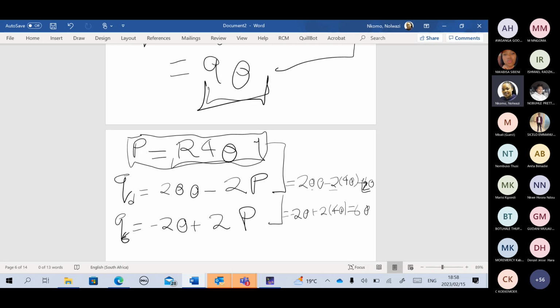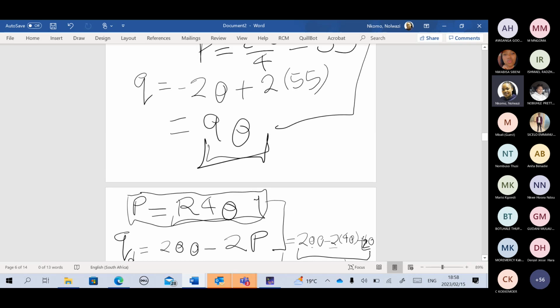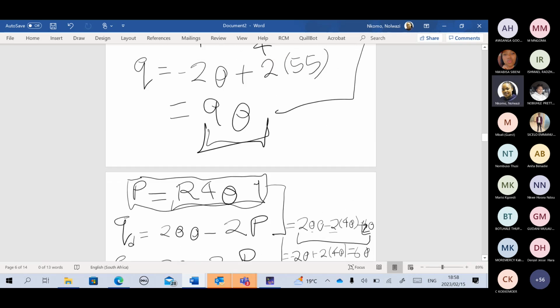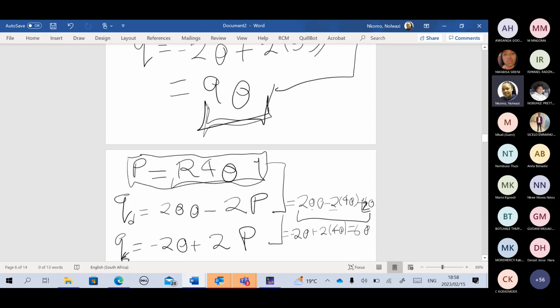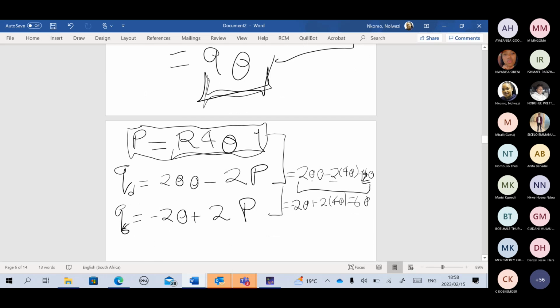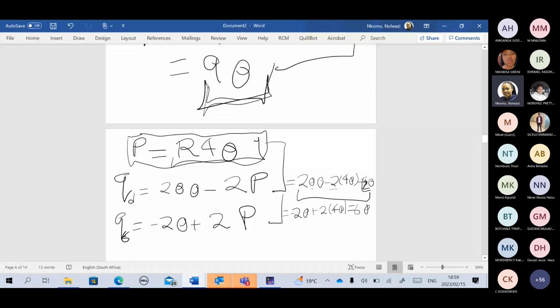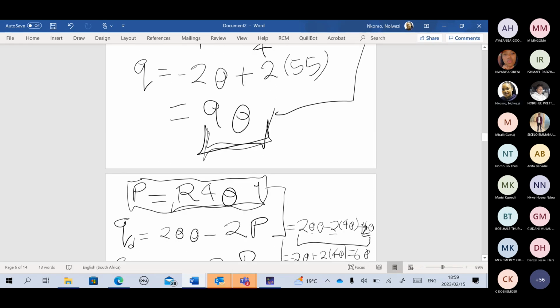Oh, yeah. This means the quantity demanded here is higher than the quantity at equilibrium. And this is correct. The quantity demanded is higher than the supplied quantity, because the quantity at equilibrium is 90, and now the quantity demanded at this price is 120.